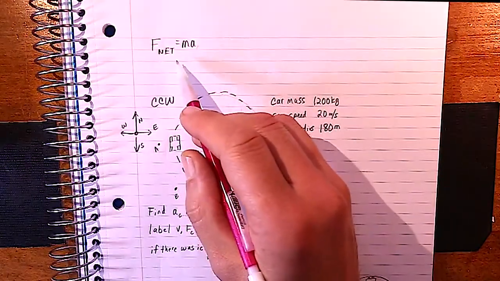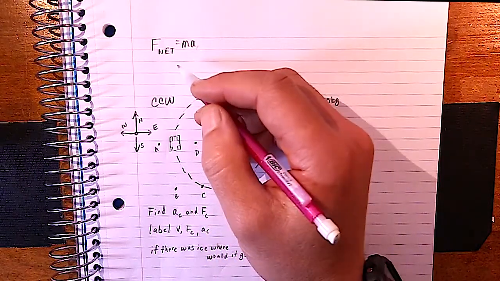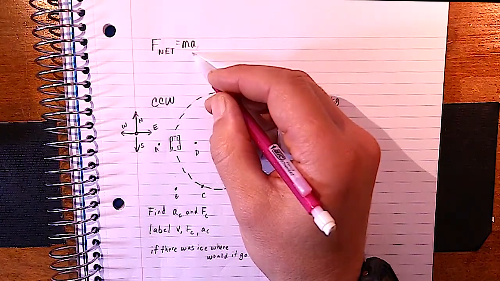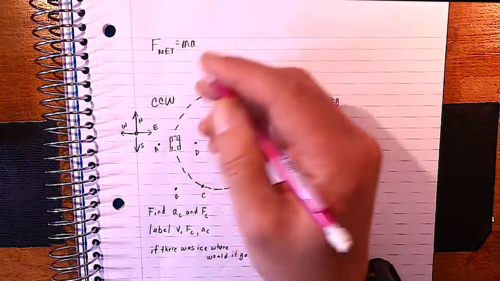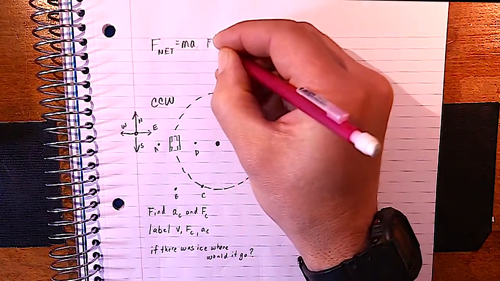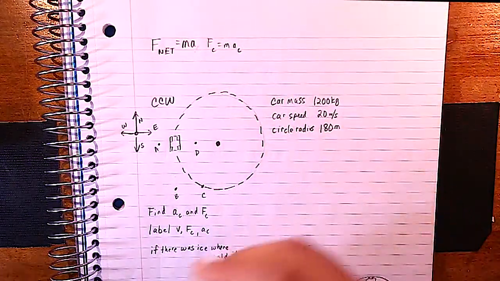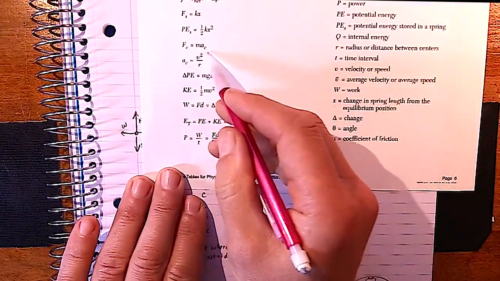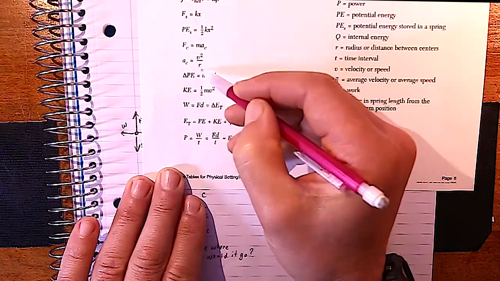We know that F net equals ma. But what happens if we say that this is centripetal acceleration? Well, what causes centripetal acceleration? Centripetal force. So our formula is Fc equals mac. So they give us this formula, Fc equals mac, but we also know that ac is v squared over r.